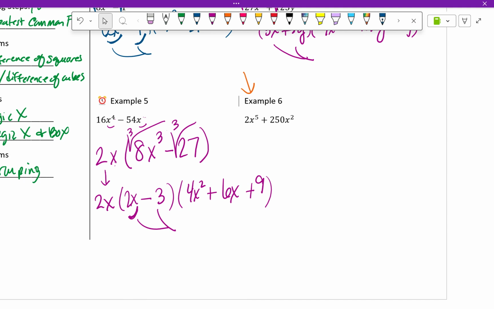You got 20, 30 seconds on your own. You can do this. Get the GCF out first.